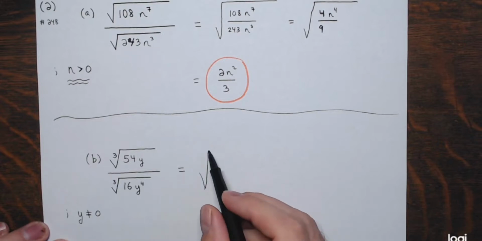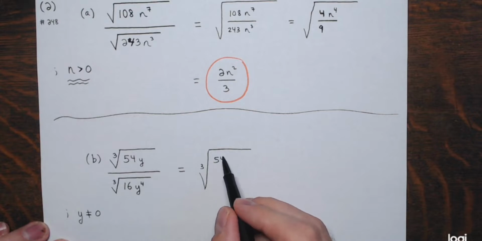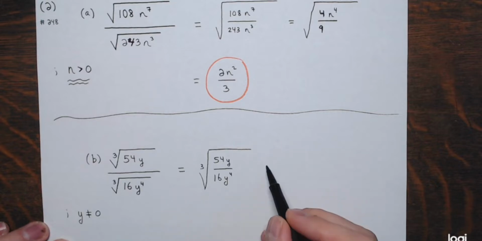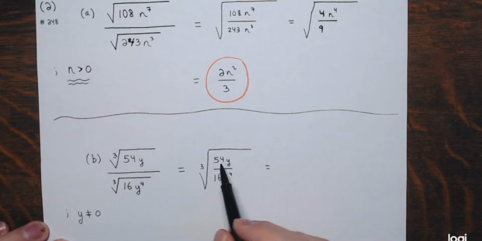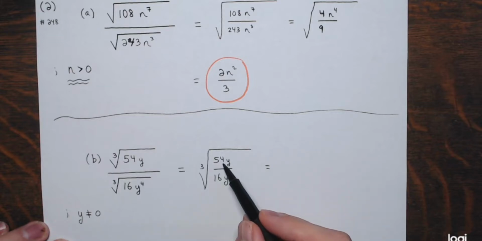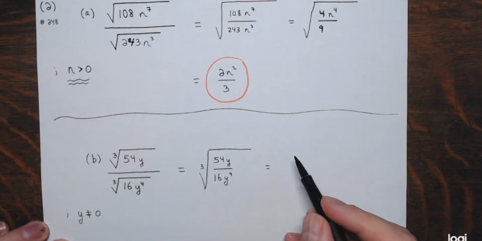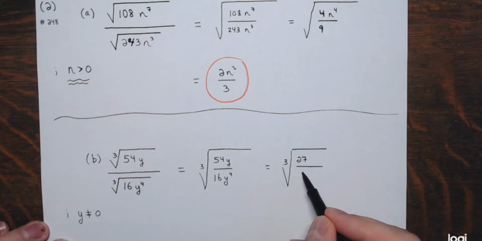This is the cube root of 54y divided by 16y to the 4th. And let's simplify this fraction. Now 54 is 2 times 27, 16 is 2 times 8. You cancel the 2's, and you've got the cube root of 27 over 8.